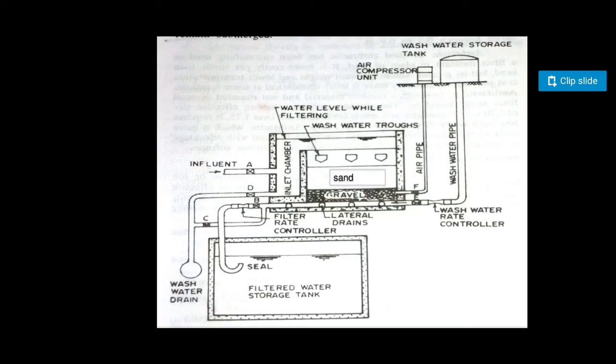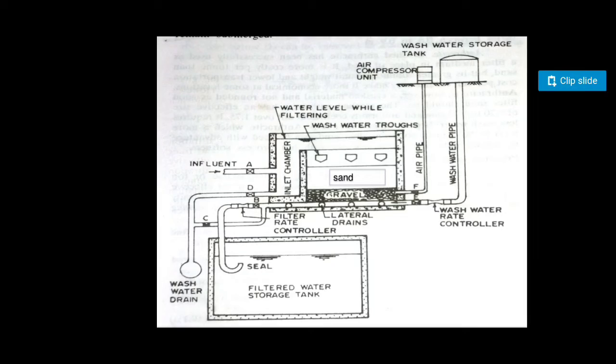So how is it done? It is done by utilizing two units. The first is the water storage tank, which is situated at a certain height to maintain enough pressure to drain off whatever material is clogging the pores. And there is also an air compressor unit, so that the air compressor eases the process, right? There is an air compressor unit which stores the air in compressed form, and there is a water storage tank.